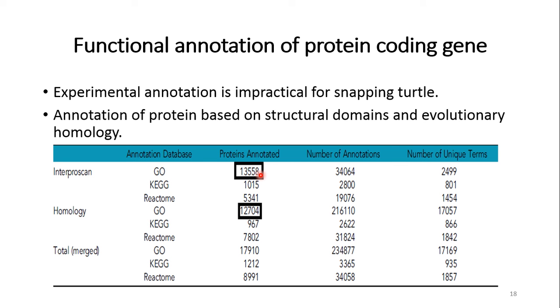For more complete functional annotation, the authors adopted GO, KEGG, and Reactome, and showed that 12,704 genes were identified as one-to-one orthologs to human genes. The authors' results from these methods resulted in a large set of annotations from both protein signatures and evolutionary homology.